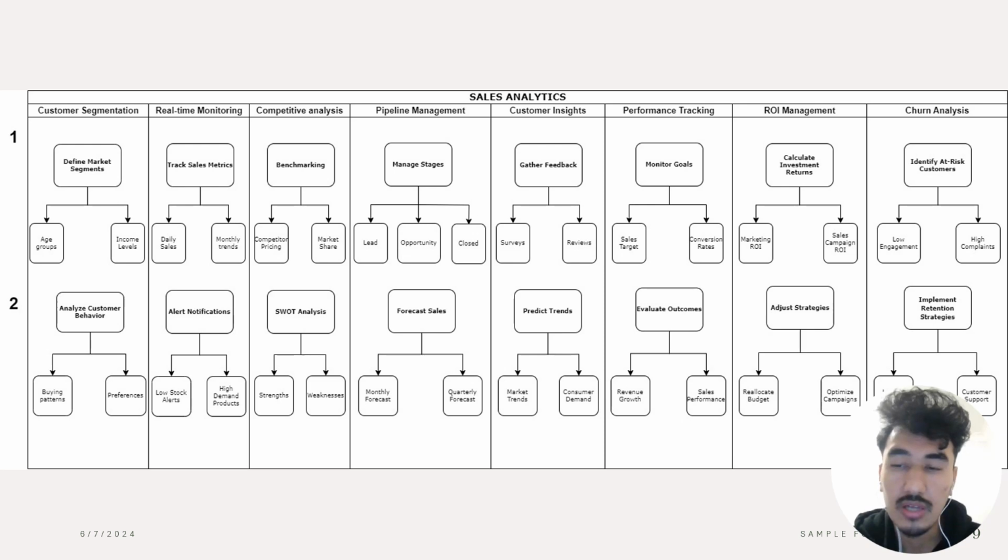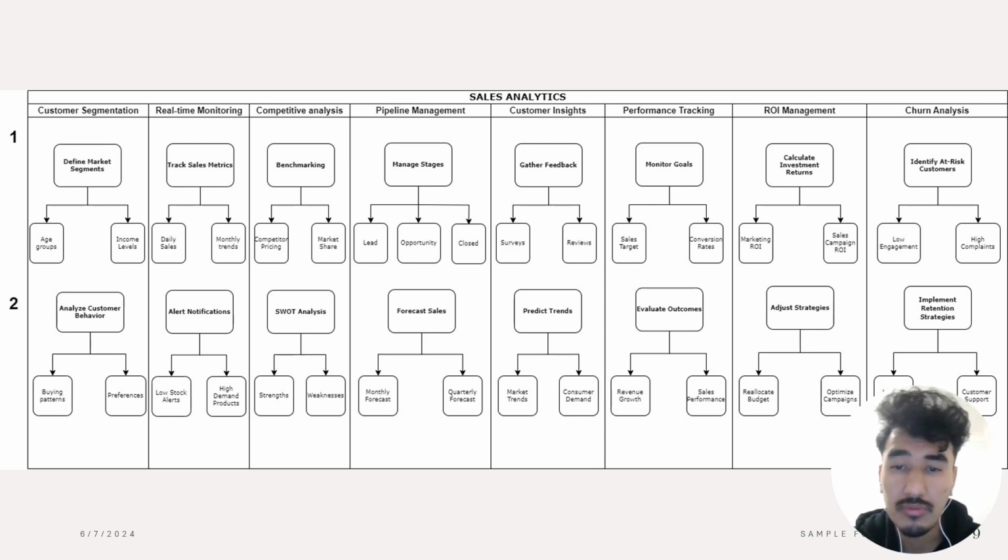Inside customer insights, we can gather feedback through surveys and interviews, and in predicting trends, we can forecast market trends based on data, and anticipate consumer demand for products or services.